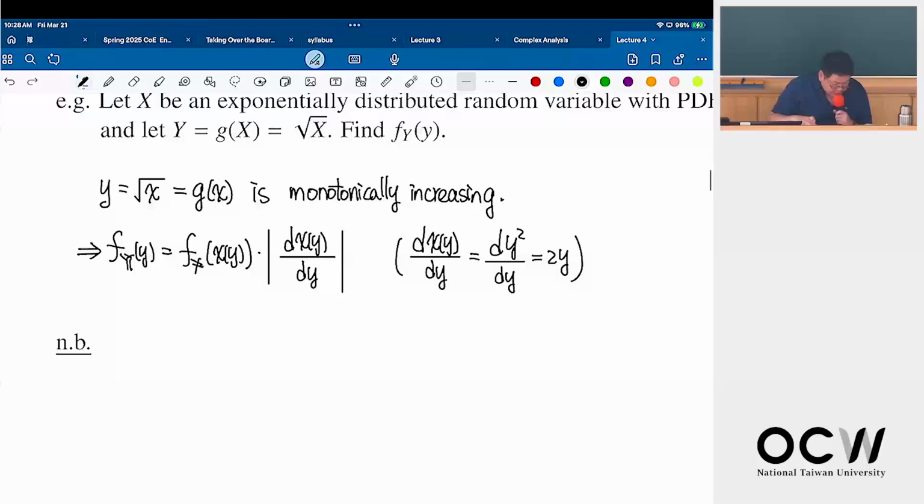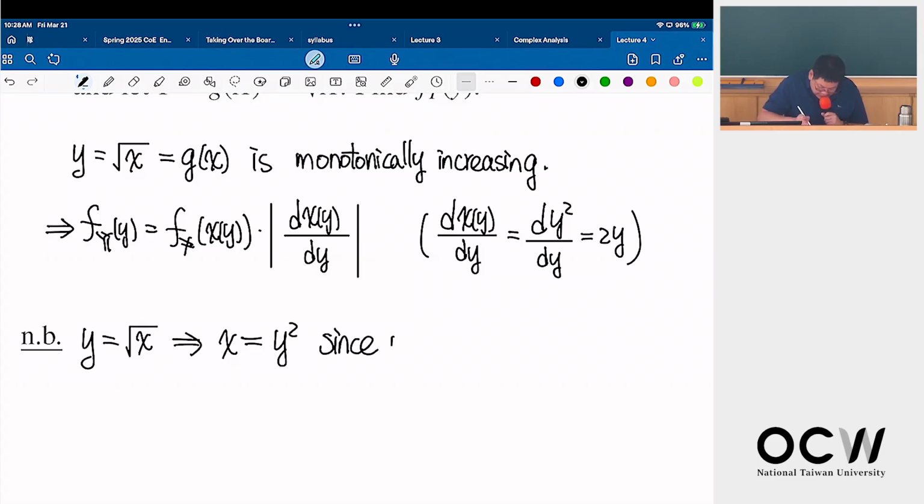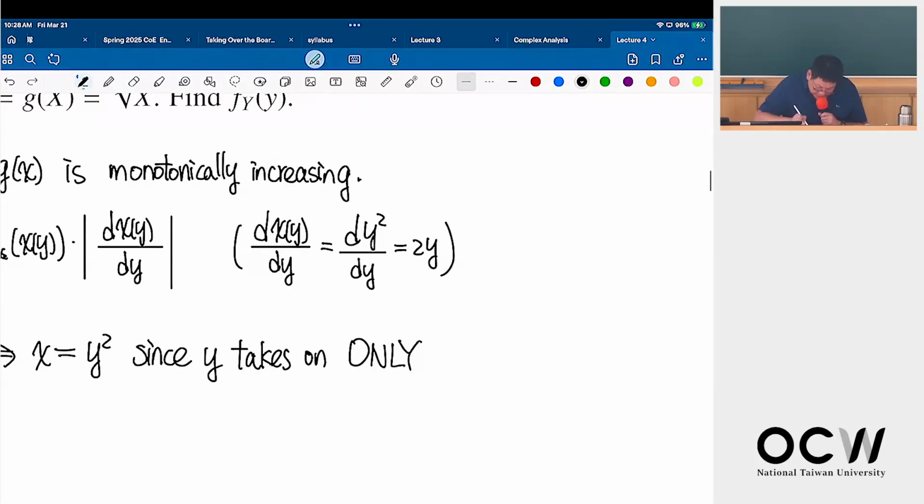Then here's a note for y equals square root of x, which means x is y squared. And my y is always positive, since y takes positive values only. So only positive values.